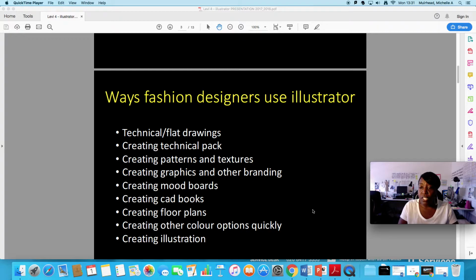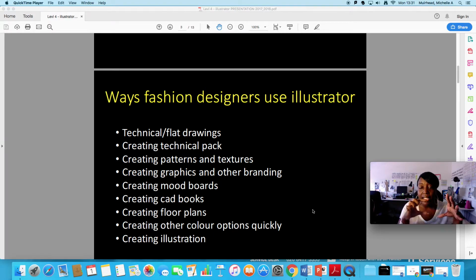And also designers use it for CAD books. Now CAD books are basically like a book, a catalogue with all your designs. Sometimes it will have a photograph, and then it will have your technical drawings. How this is used in the industry is that sometimes they will make one garment or one style in one colour, and they won't make the other colours.